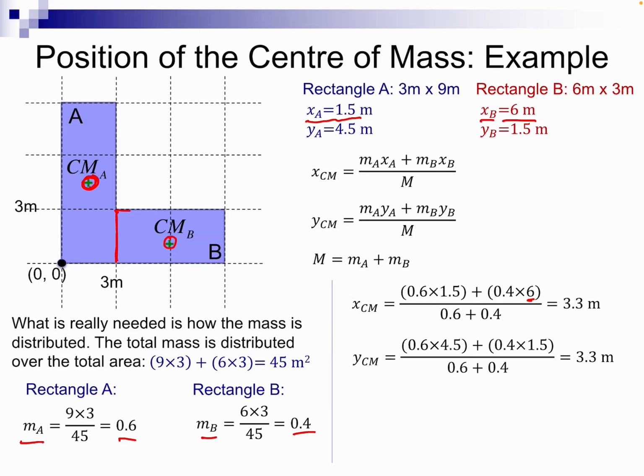And you do the same thing for the position of the center of mass along the Y. 0.6, again the mass for A, times 4.5, which is coming from the position of the center of mass of A. And for rectangle B, 1.5 is coming from the Y position of the center of mass of rectangle B. Right.